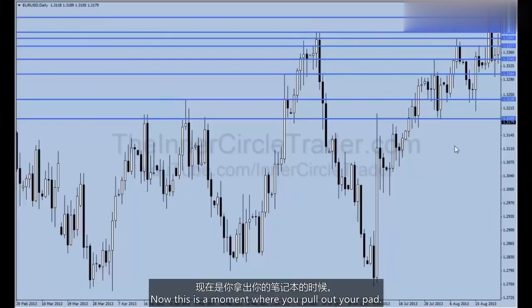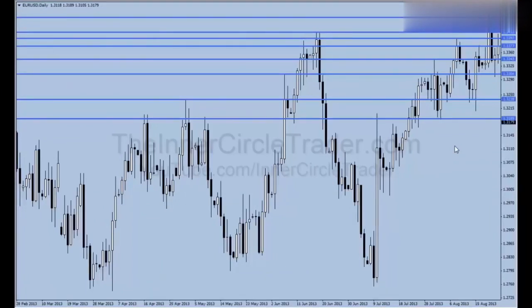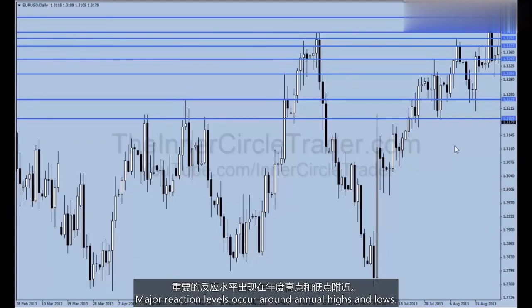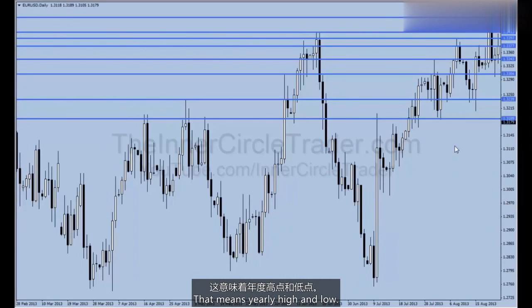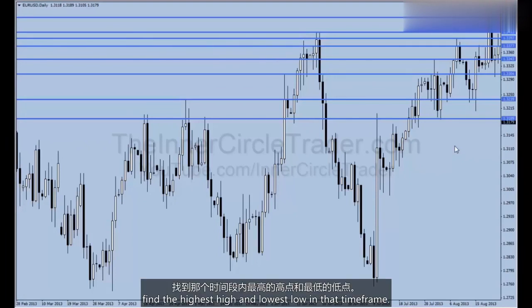Okay, now this is a moment where you pull out your pad. Major reaction levels, okay, occur around annual highs and lows. That means yearly high and low. Quarterly year high and low. In other words, every 3 months, okay, for instance, January, February, March, in that block of time calendar basis, okay, find the highest high and lowest low in that time frame.